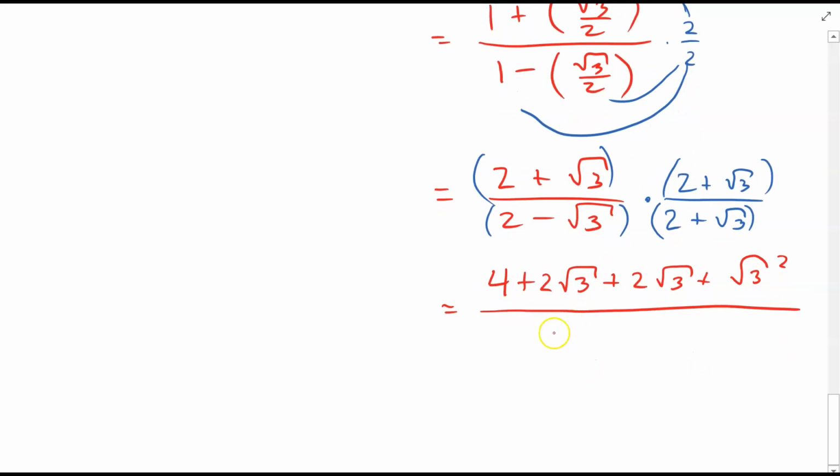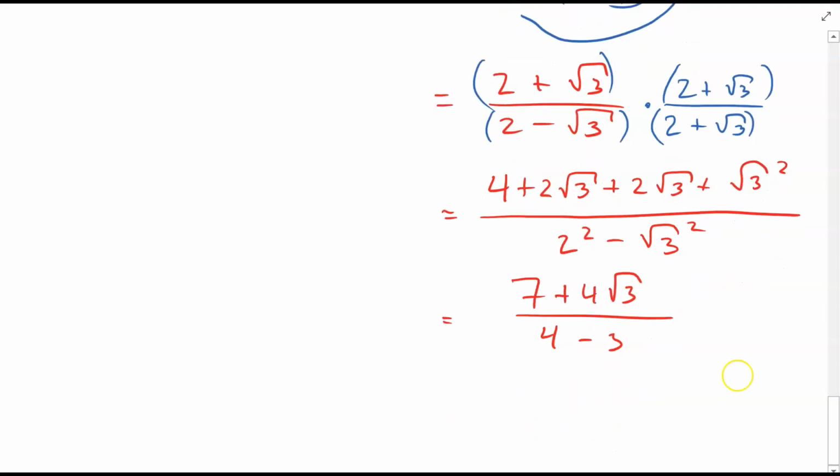In the denominator, I can just use the difference of 2 squares factoring pattern, where I know that's just going to be a squared minus b squared. So if we simplify things down, then in the numerator, I get, what, 7 plus 4 root 3. And in the denominator, I get, what, 4 minus 3.